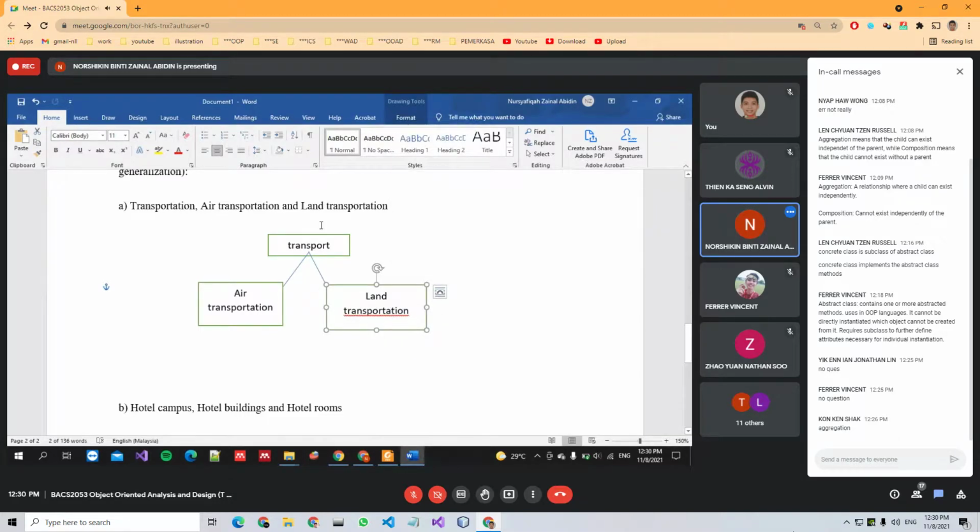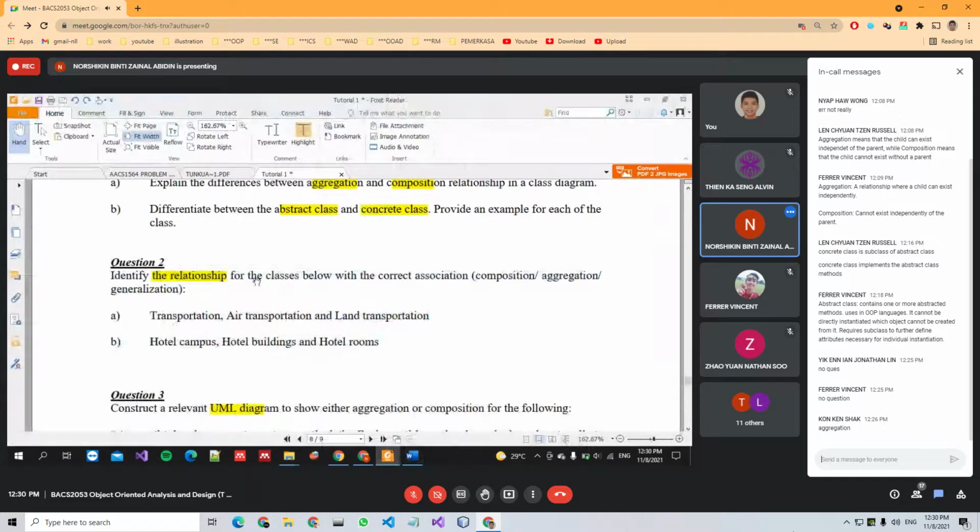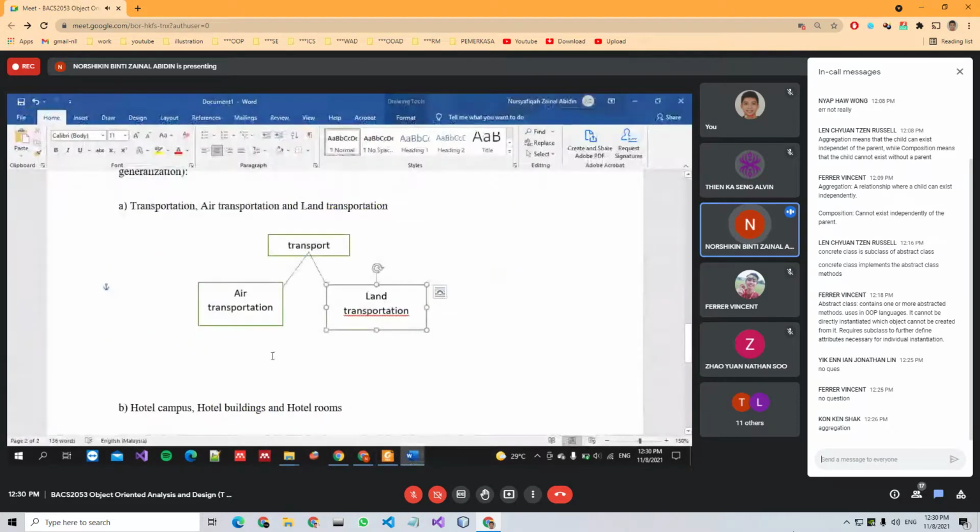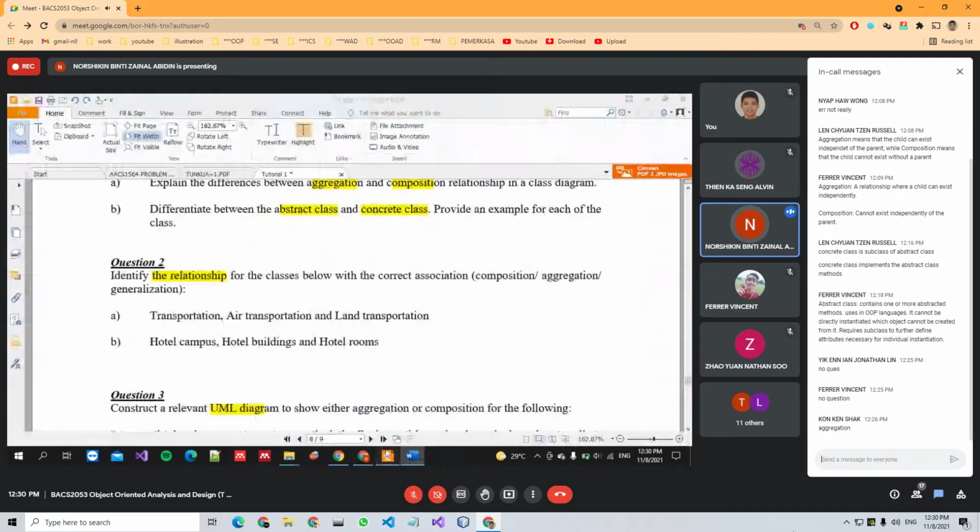So here we have this transportation, air and land. Okay, we have air and land transportation.